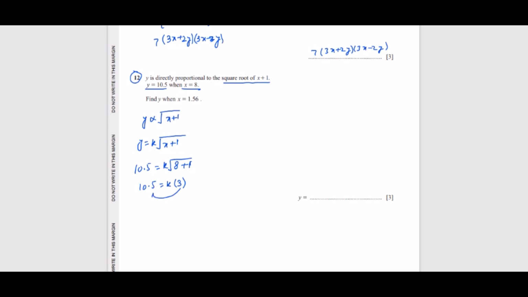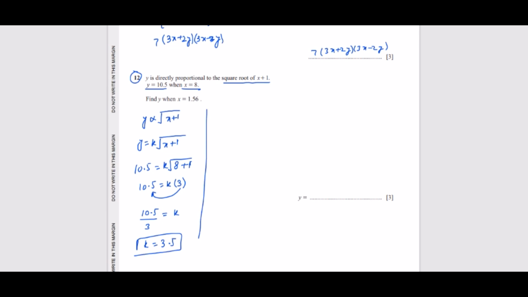So 3 shifts to the other side, and 10.5 is divided by 3. So k is equal to 3.5.